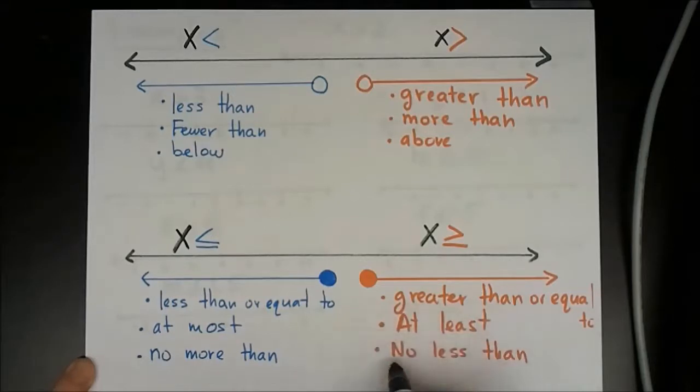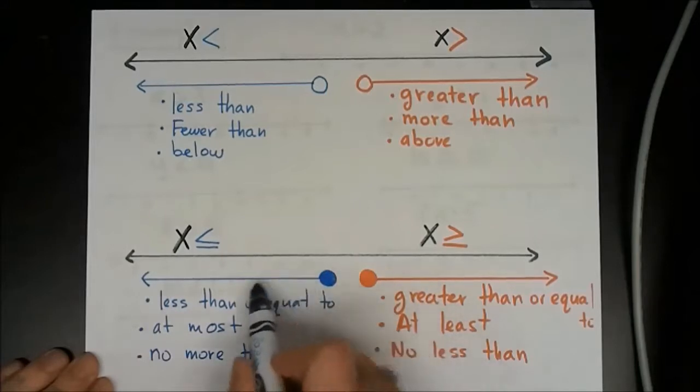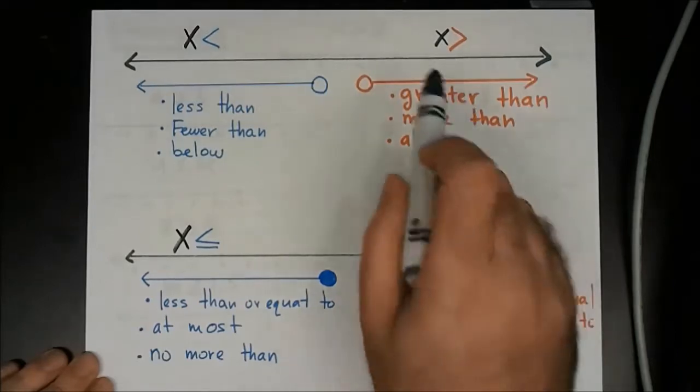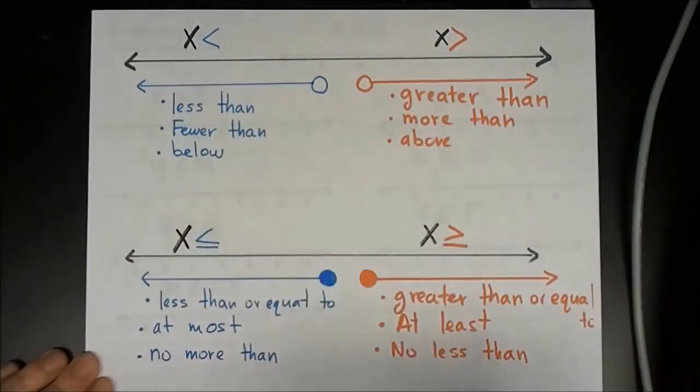At least, so the starting point included, no less than, again, it has to be that starting point in there, less than or equal to, at most, no more than. So if you see any of these statements, then you're dealing with the greater than or less than or equal to. If you see any of these statements, you're dealing with just the usual greater than or less than signs.